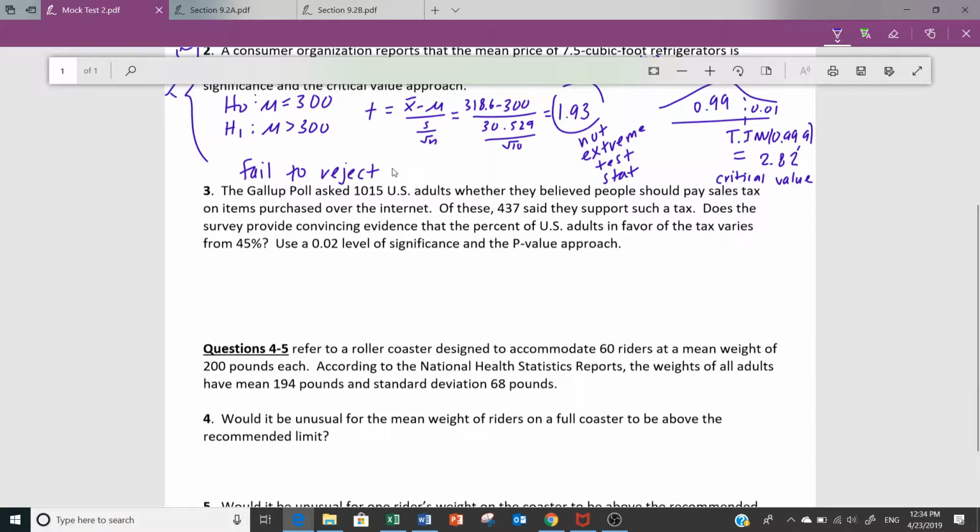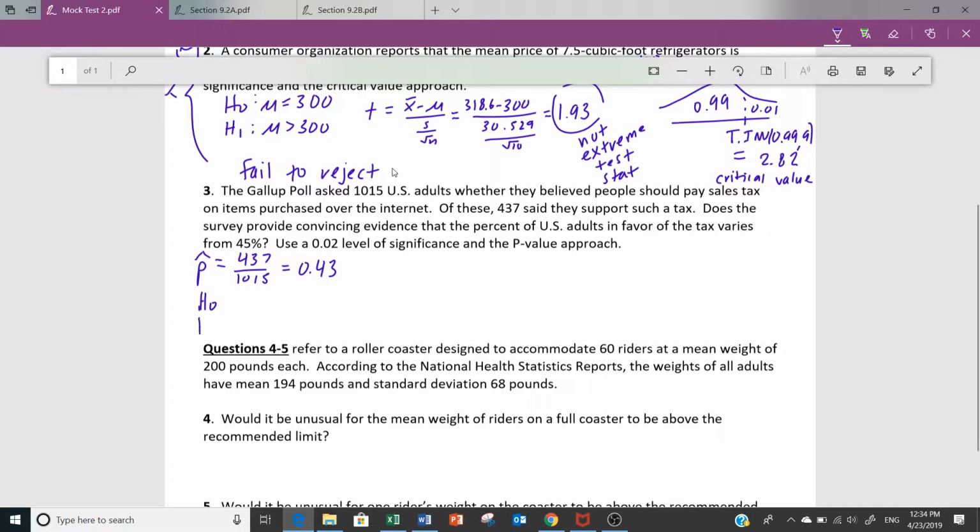Those 437 people. So that's your p hat, the 437 out of the 1,015. When you do that, you get 0.43. Now, we want to know whether there's convincing evidence that the favor of tax varies from 0.45.